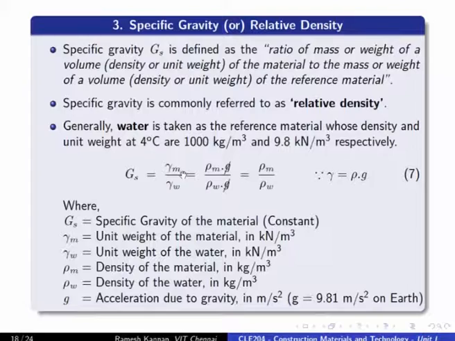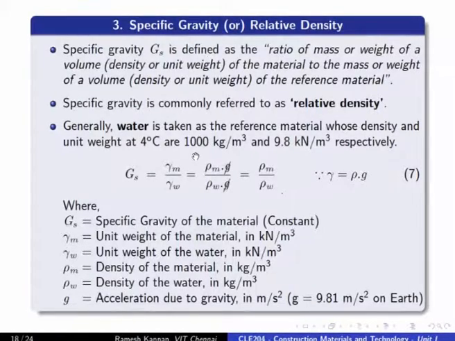And unit weight is nothing but rho times g, that is, acceleration due to gravity. In the ratio of unit weights, the g gets cancelled, so as to give the density of the material divided by the density of water, and hence this is also known as relative density, that is, the density of the material over the density of water.